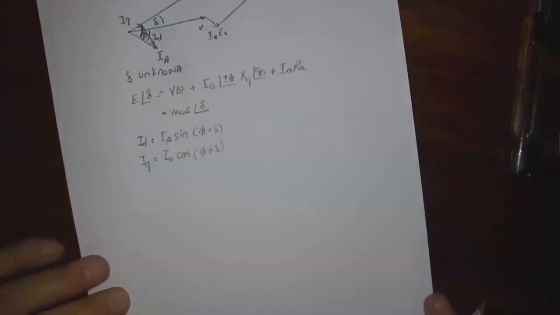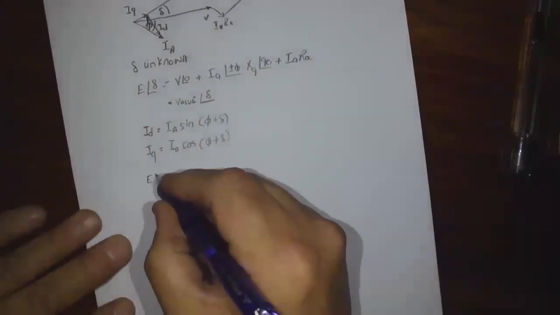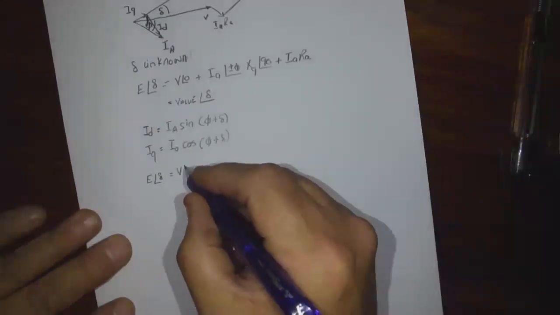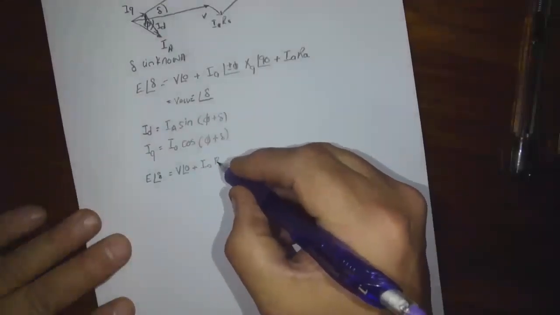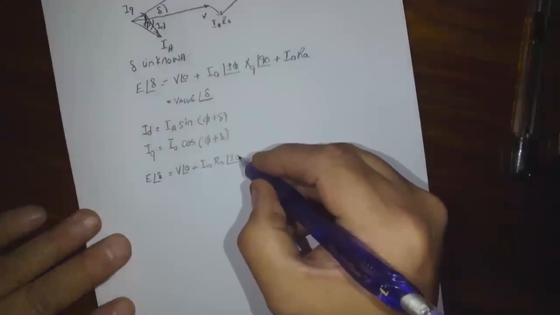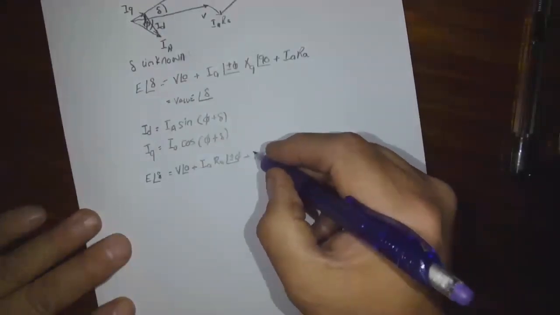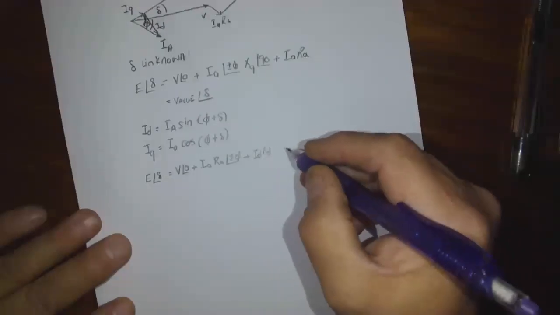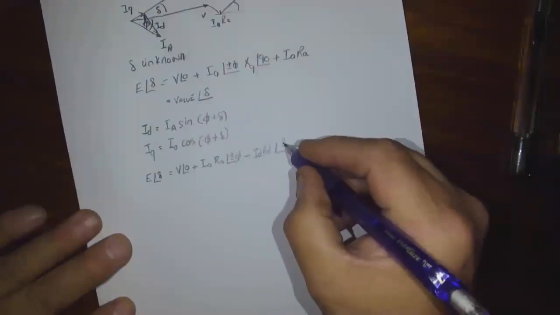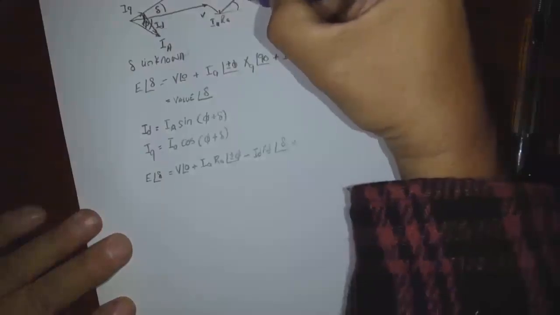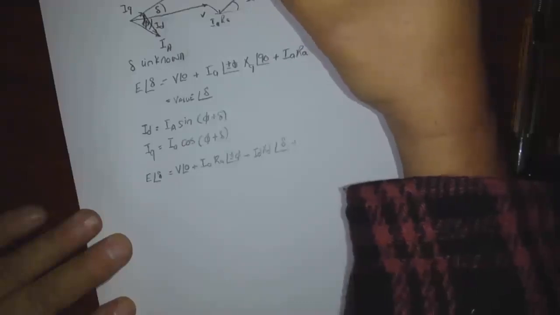Now once we've got that, we can start to write down the equation for E. So E angle delta is V angle 0 plus IA RA at an angle plus or minus phi, plus ID XD, and the angle is the same as delta, plus, now that is ID XD, and that is IQ XQ.